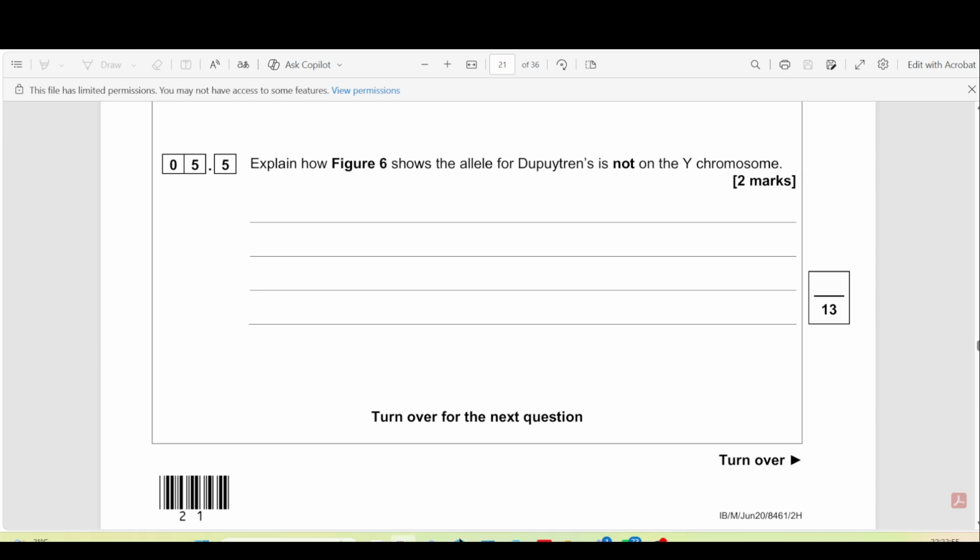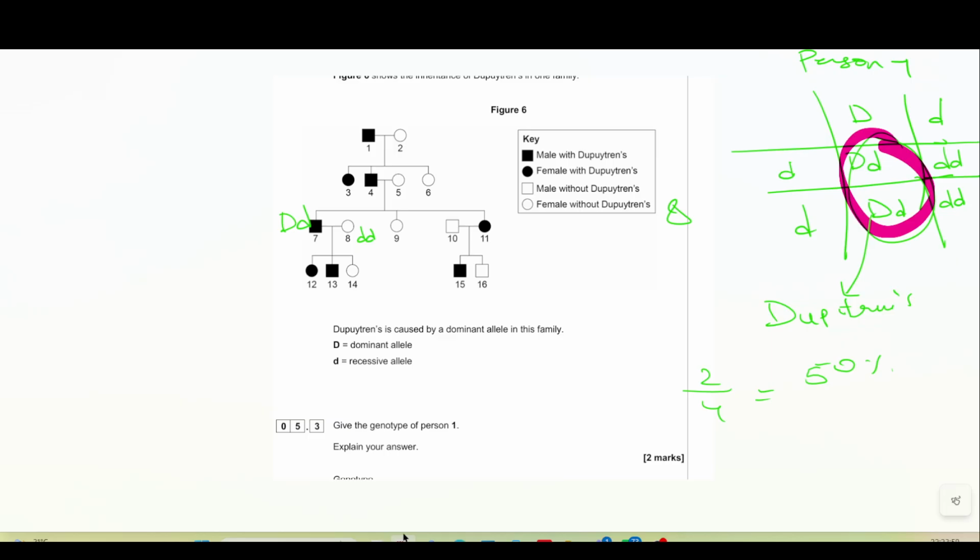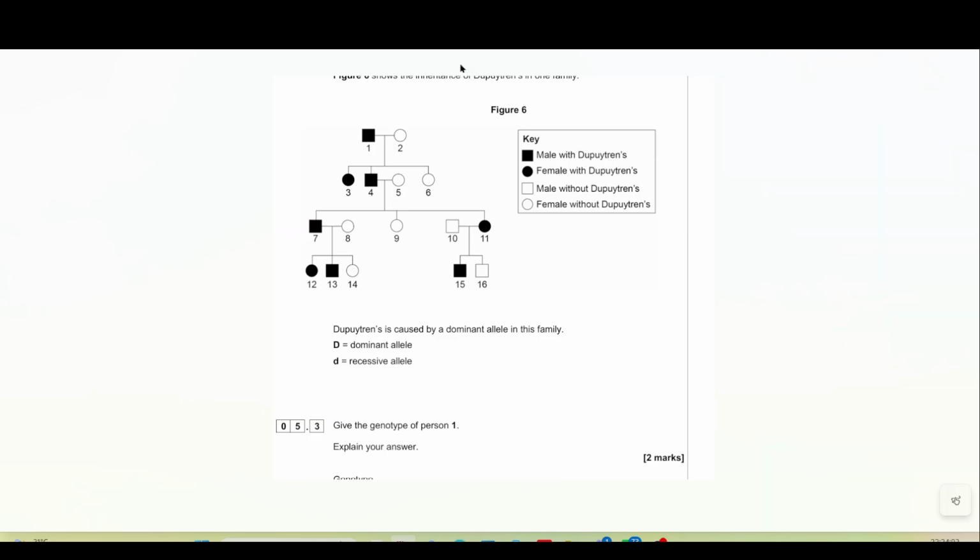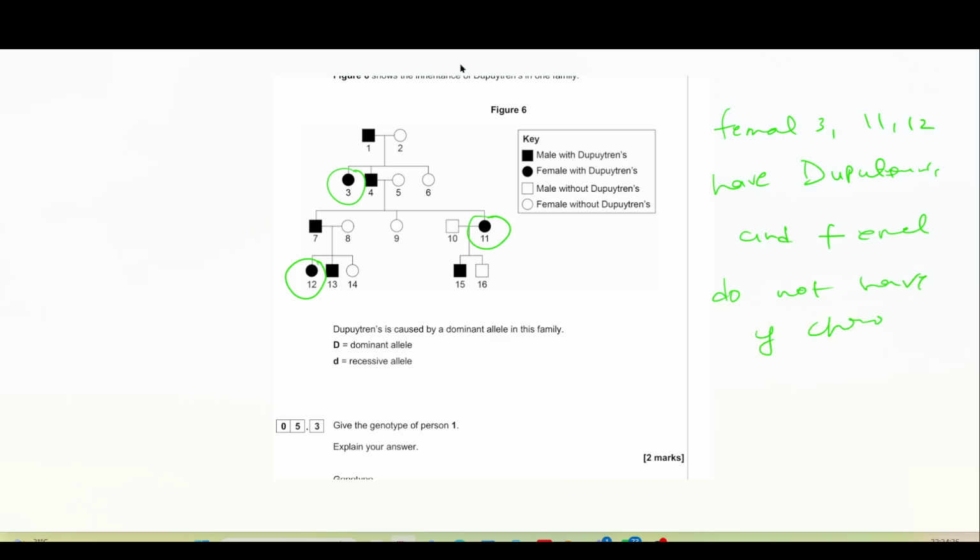If you notice here, females 3, 11 and 12 are affected, and females do not have a Y chromosome. That is the reason.